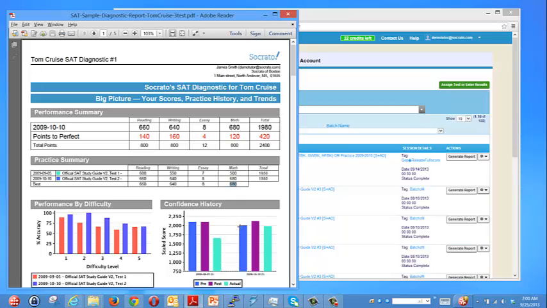The confidence history graph on the right side is an interesting graph. It requires that a student take a 30-second survey just before they start the practice test. They are also required to take the same survey after they have completed the test but before they get their actual score.